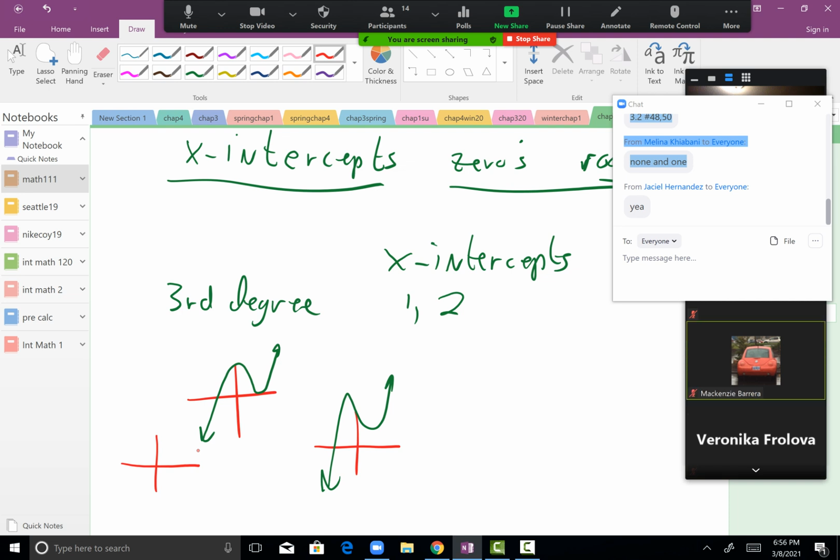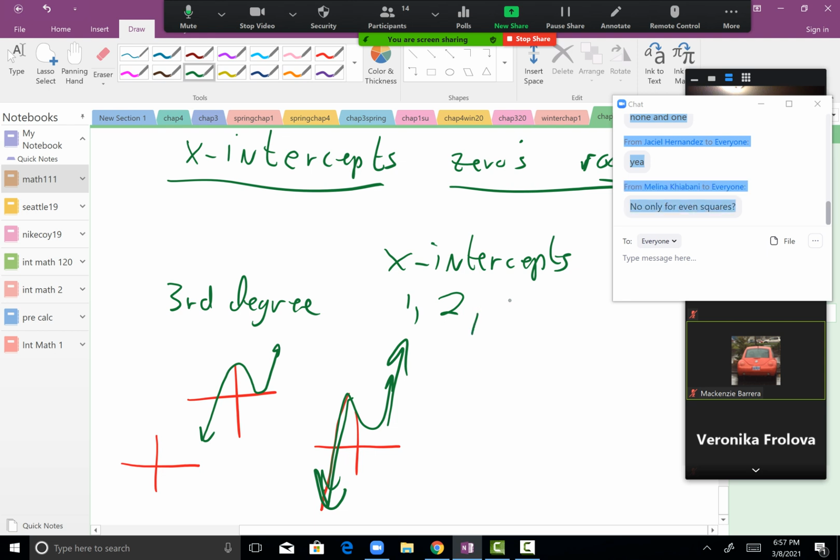Well, I don't know how that's going to happen, because this graph is continuing to go down and continuing to go up, so no matter where we slide that up and down, it crosses. For third degrees, there's no way we can have 0 x-intercepts. It's always going to cross. That's what we wrote down last time. It changes for other degrees, but for third degrees, no.